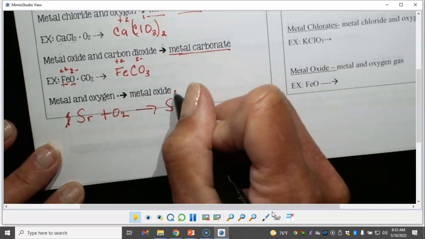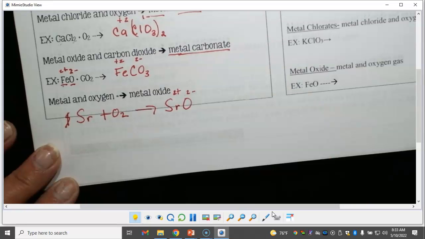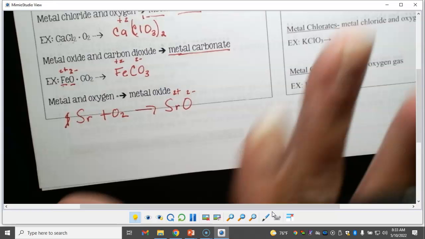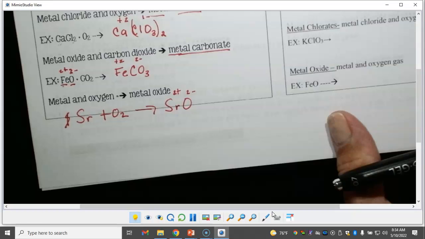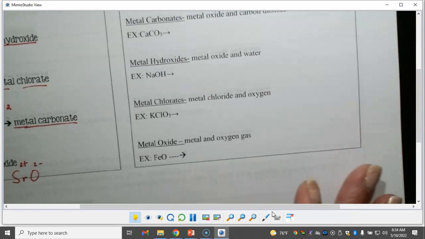SrO. Strontium is +2, oxygen is -2, so I don't need any subscripts. This is your guide, and yes, you may use this on the test. This is a lot of information. And you're going to have an assignment that you can practice this tomorrow.